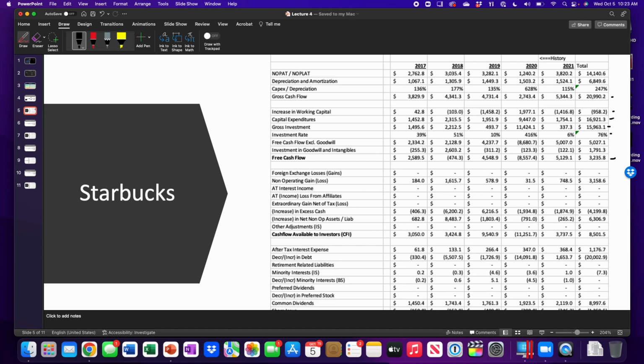Now, after that reinvestment of $15.9 billion, they ended up with $5 billion of free cash flow before acquisitions. They spent $1.79 billion on goodwill and intangibles, giving them $3.235 billion of free cash flow. By the way, what year did Starbucks make a good size acquisition?